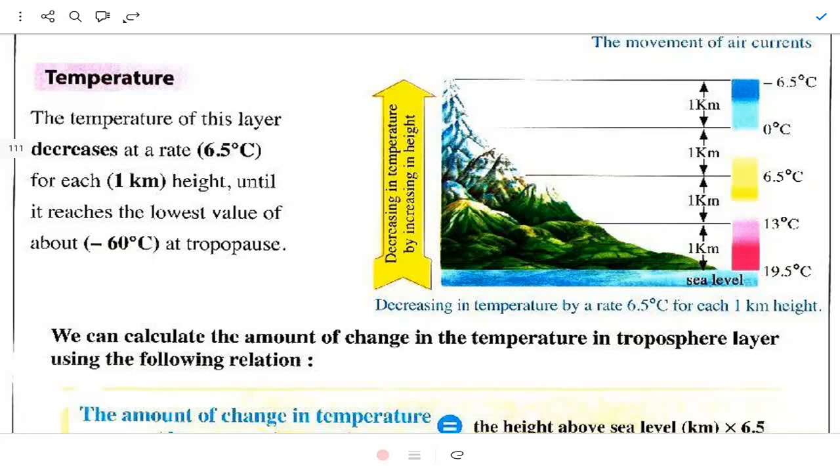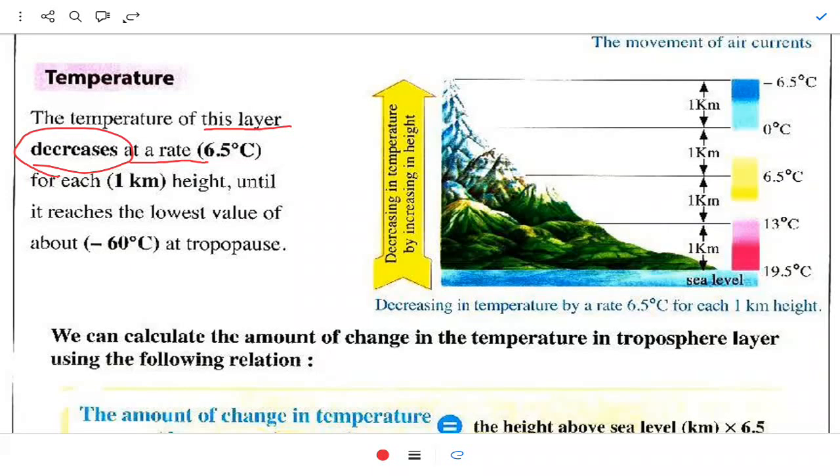Now take this information. The temperature of this layer decreases at a rate of 6.5 degrees for each 1 kilometer of height until it reaches the lowest value of about minus 60 degrees at the tropopause.